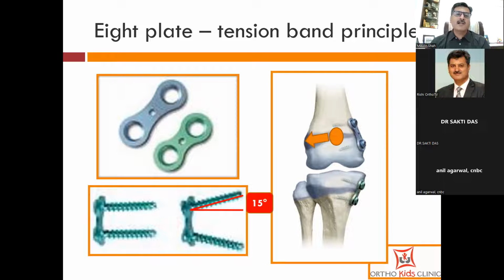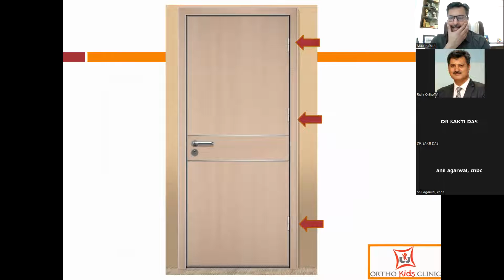Let me explain with a very simple basic example. Look at this door, and there are 3 hinges on one side, and the handle is on this side. So when the handle is away from the hinge, it is very easy to open this door.